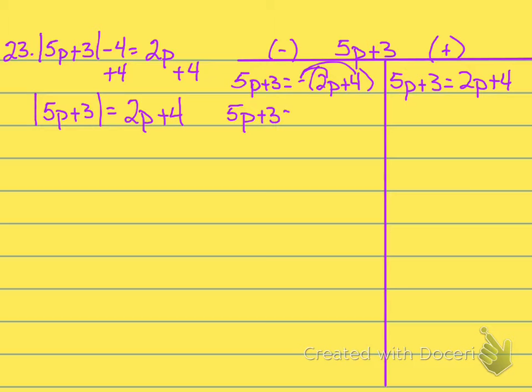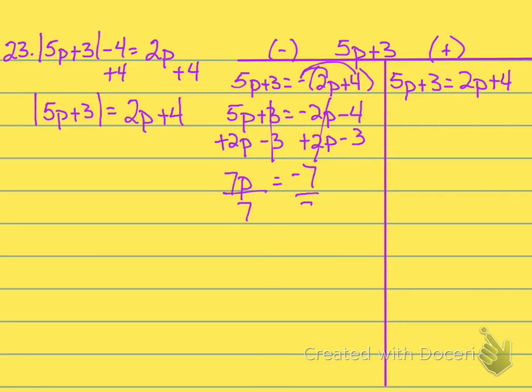Distribute my negative 1 through my binomial. I have 5p plus 3 is negative 2p minus 4. Add 2p to both sides. Subtract 3. I get 7p is equal to negative 7. Divide by 7. p is equal to negative 1.